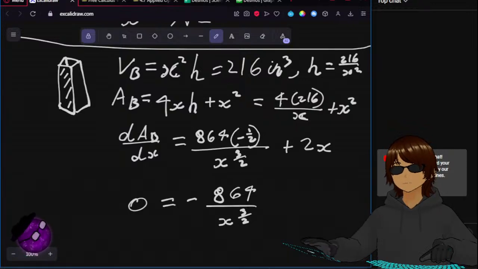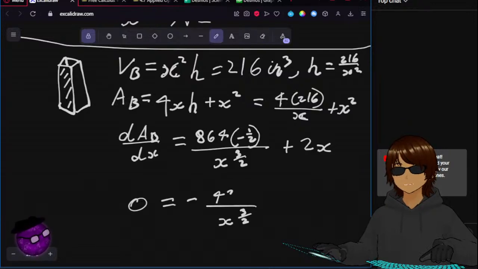I can just divide this by half, 4, 3, 2 plus 2x.